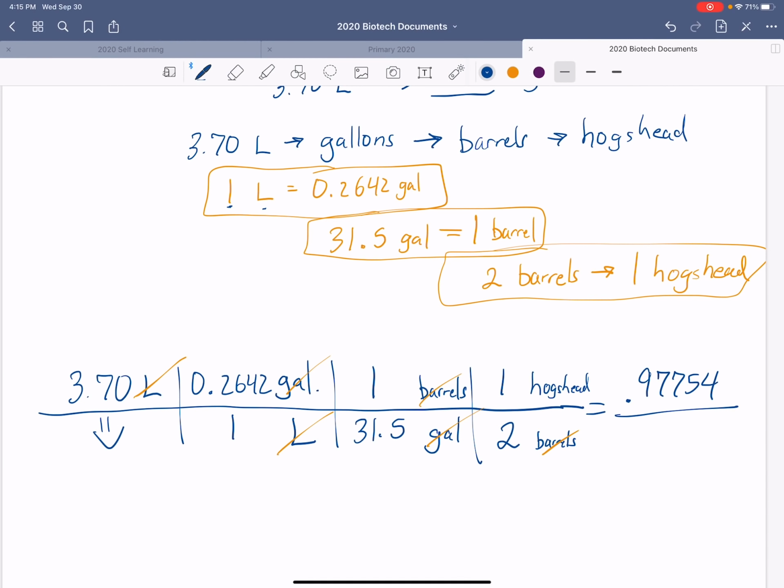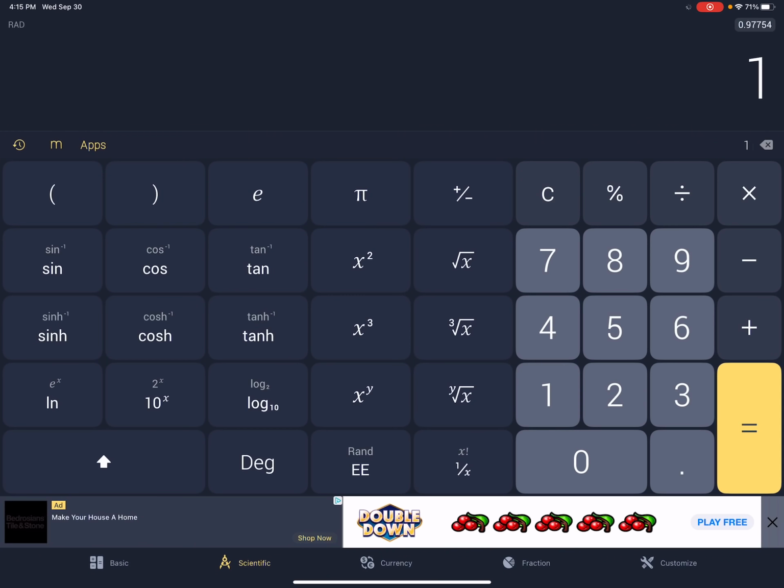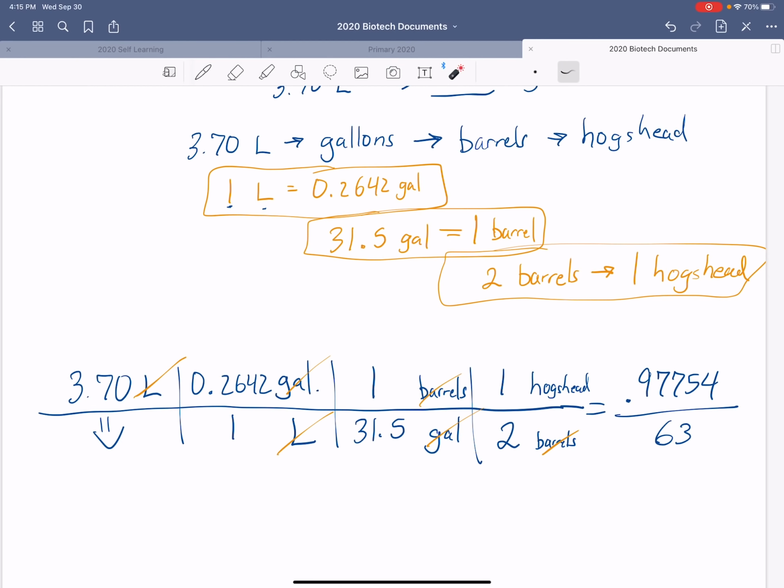That's 0.97754. Now I need to do the same thing across the bottom. I'm going to multiply 1 times 31.5 times 2. That's 63.